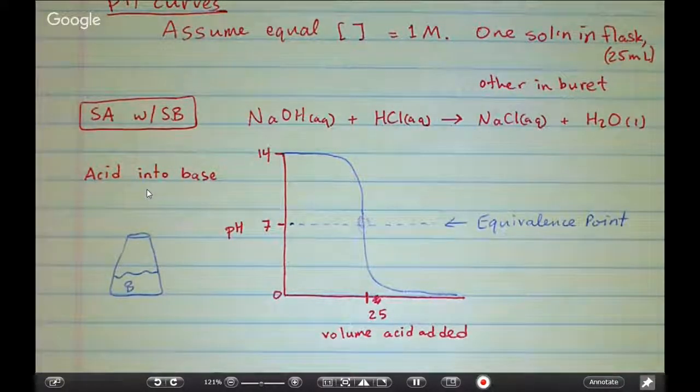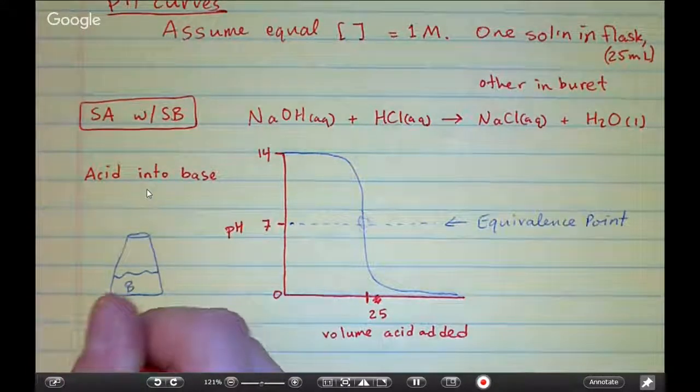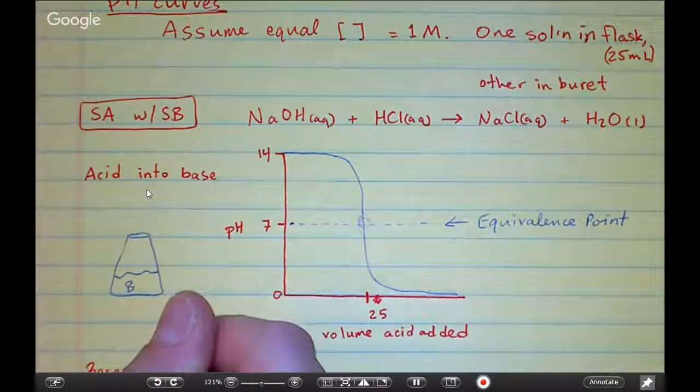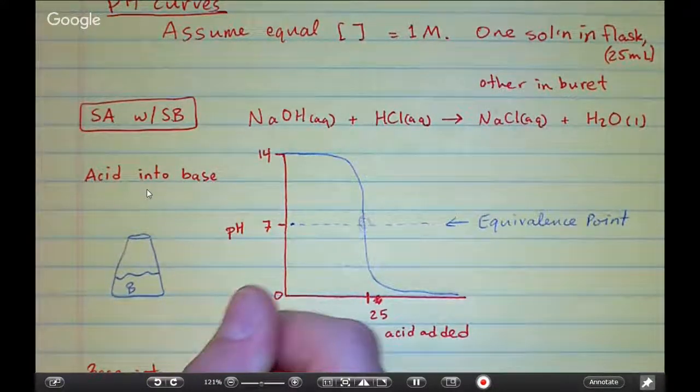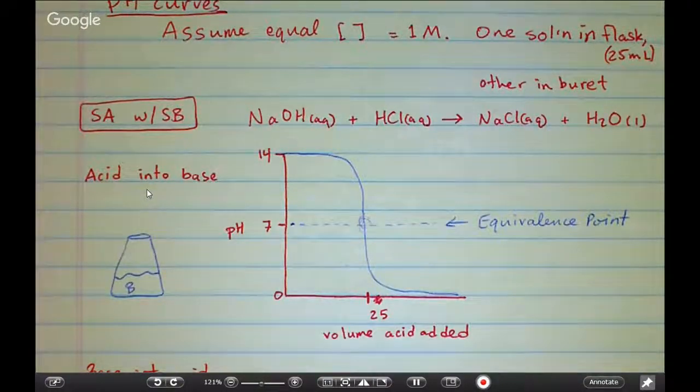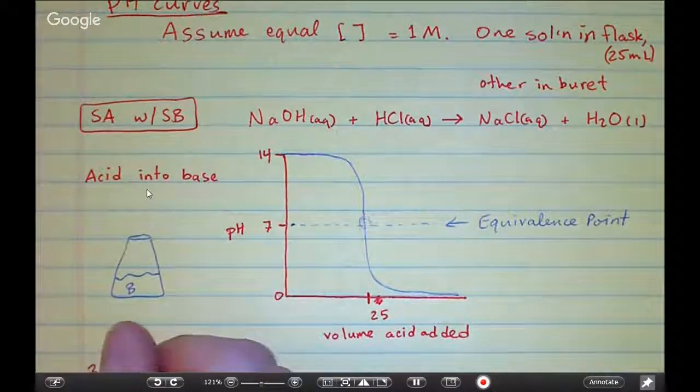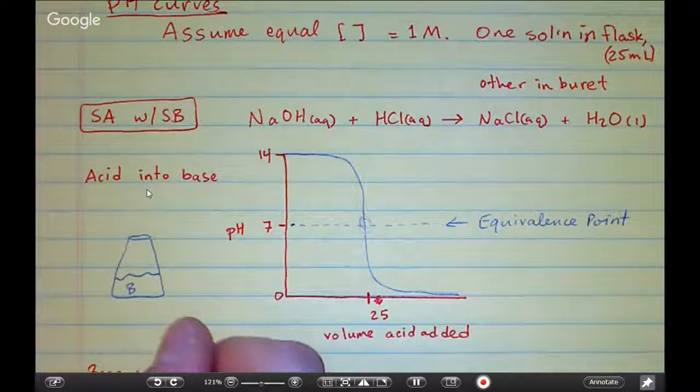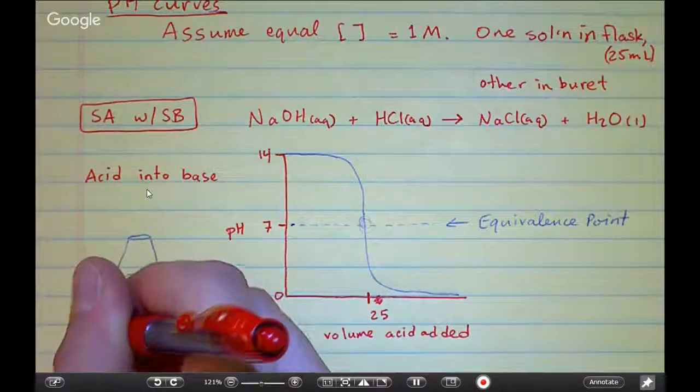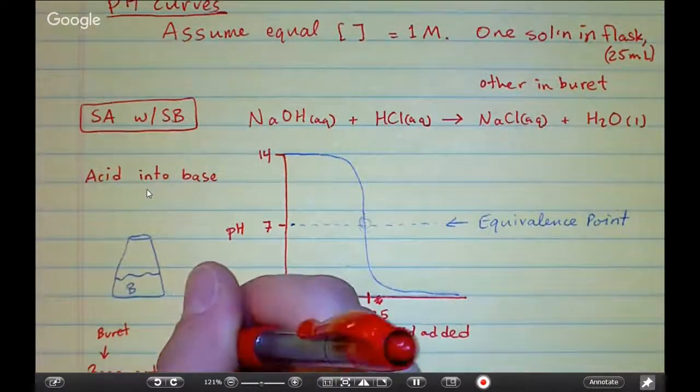Okay. Let's say, for example, we switch this so it's base into acid, which is what it's typically going to be, where we have the base in the burette and the acid in the flask.